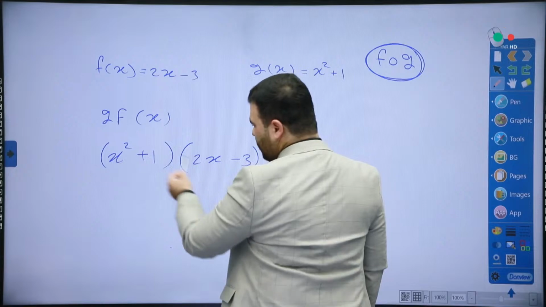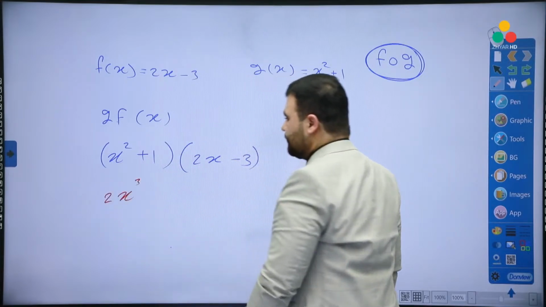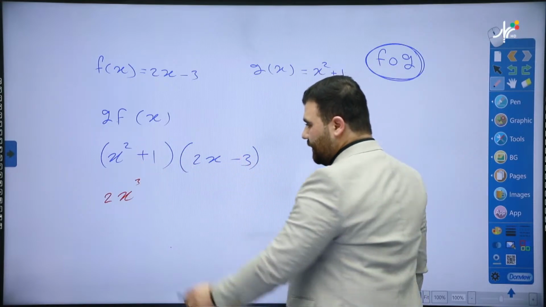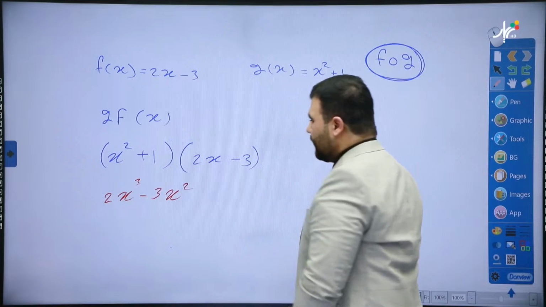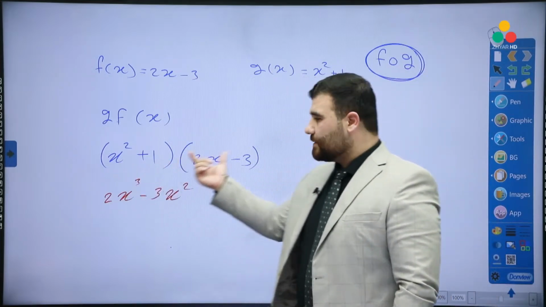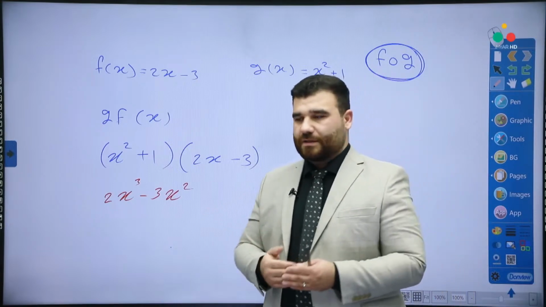Now x squared times 2x will be 2x cubed. Okay. x squared times negative 3 is negative 3x squared. One quick way to check your answer: this bracket has 2 terms, this bracket has 2 terms. At the end, I will have 4 terms. Then I'll simplify.